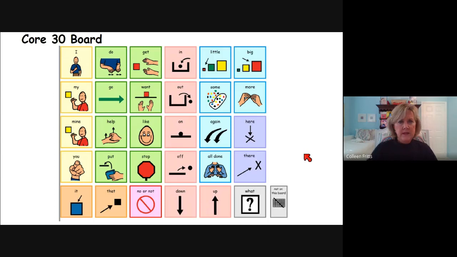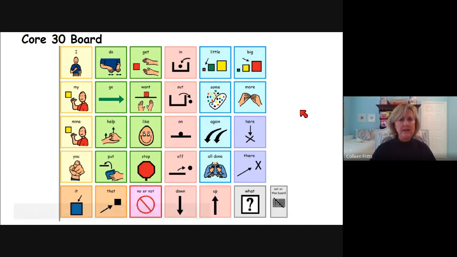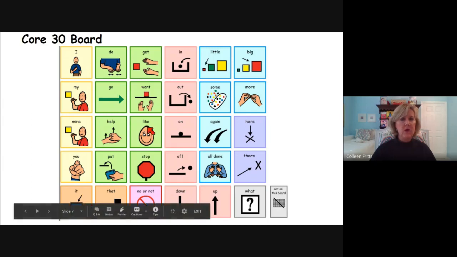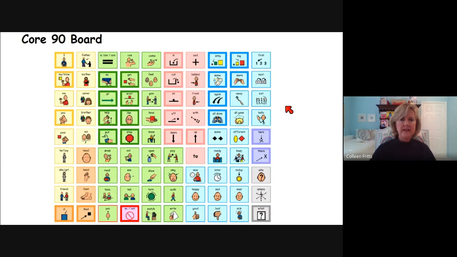And when you get to the door, you can say to your teacher, go or stop. Stop. It's not time to go. It's snack time, and they want to ask for something. I want it, or want more, or want some. So there's a number of ways that you could use the core boards during an activity.